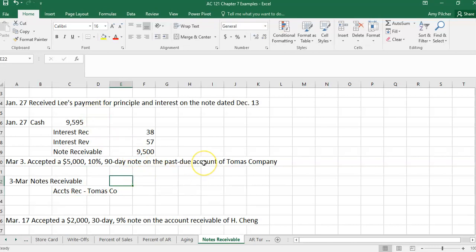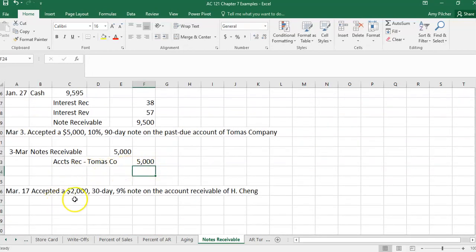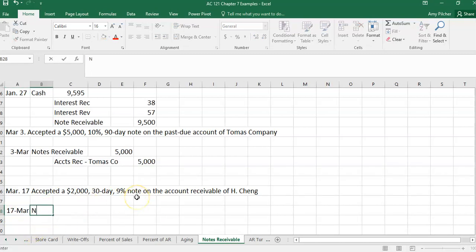So we have a debit of 5,000 and a credit of 5,000. On March 17th, we accept a $2,000 30-day note. So we're going to record a notes receivable and remove our account receivable for that customer for $2,000.